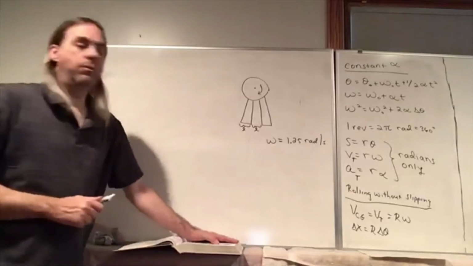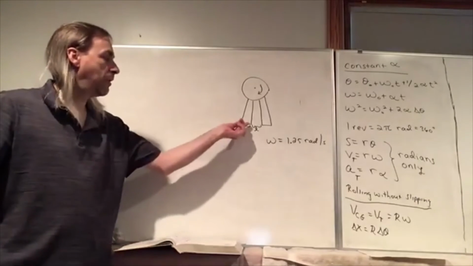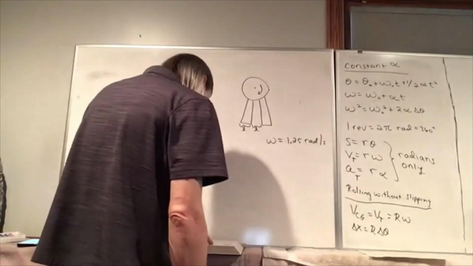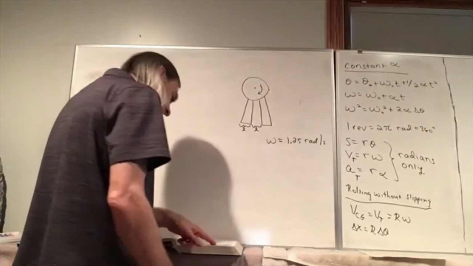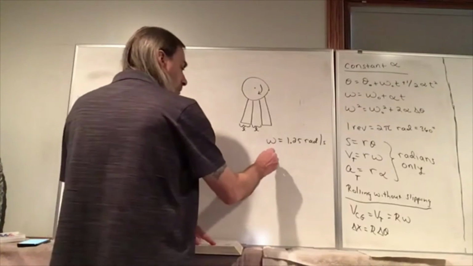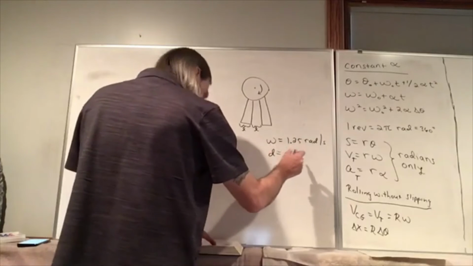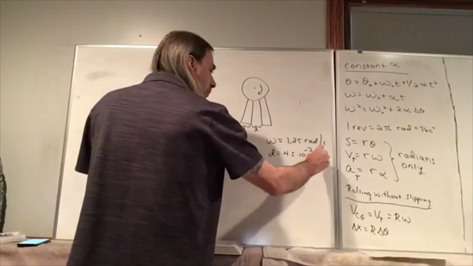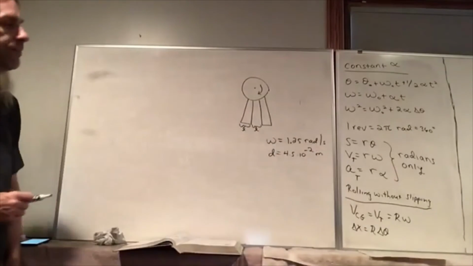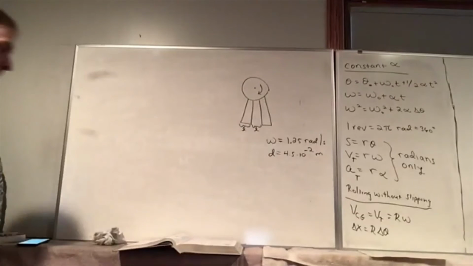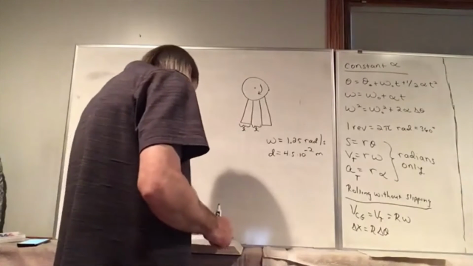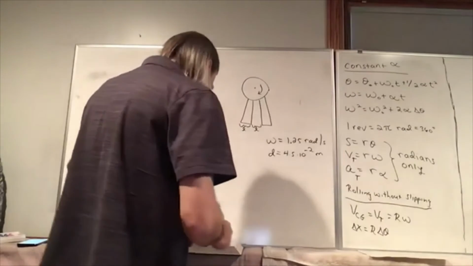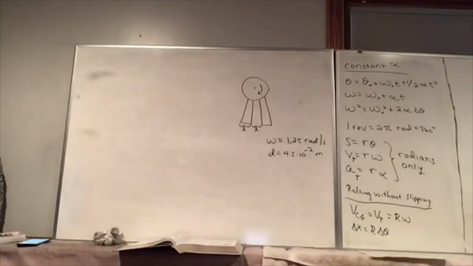So let's just call that L. The width of the blade and the width of the opening are both L. A golf ball with a diameter of 4.5 times 10 to the minus 2 meters, or 4.5 centimeters, just passes by one of the rotating blades. What must be the minimum speed of the ball so as not to be hit by the next blade?